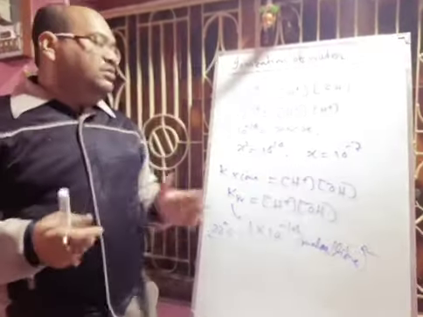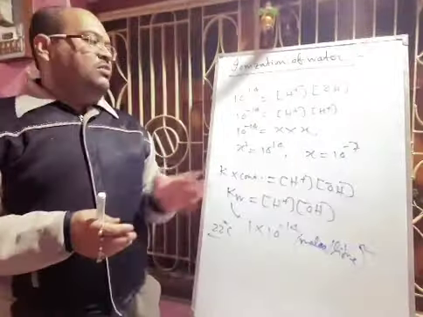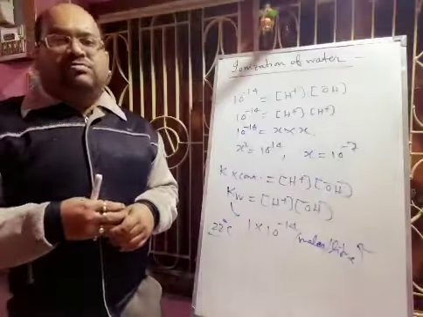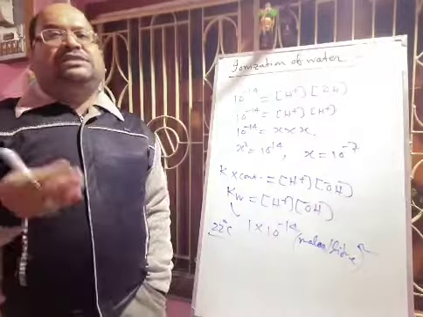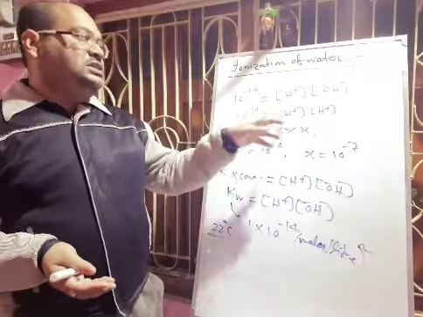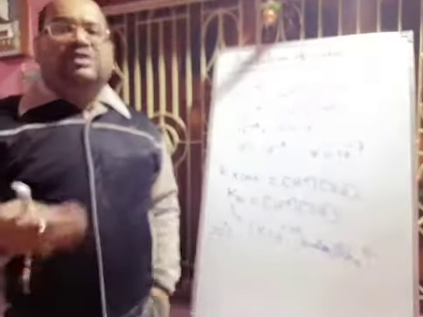Now in your book one chart is given. We have already told you that the degree of ionization of water increases with rising temperature. Therefore, if you increase the temperature, the molar concentration of H plus and the molar concentration of OH minus both will increase.